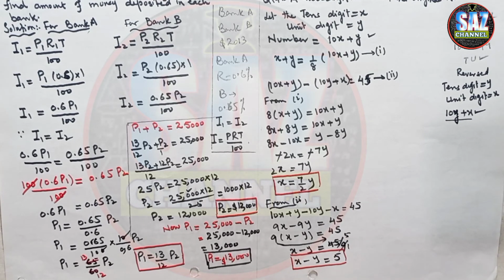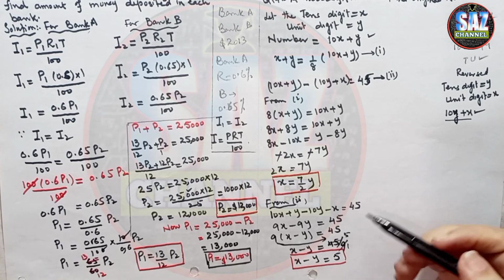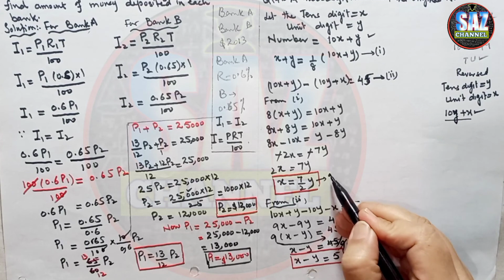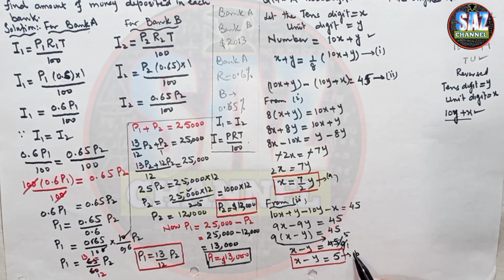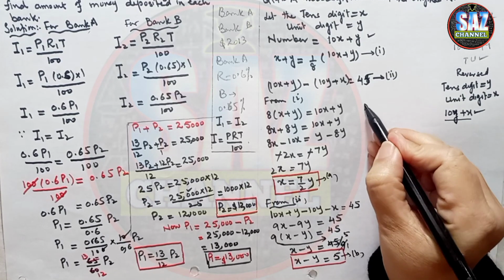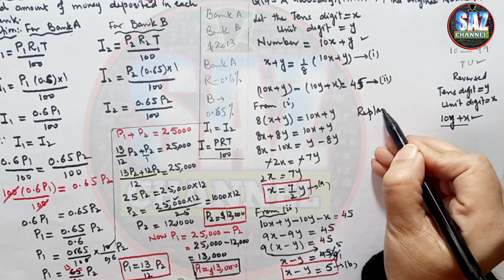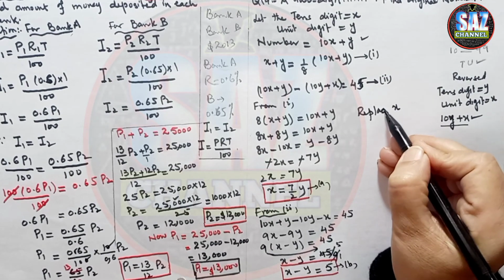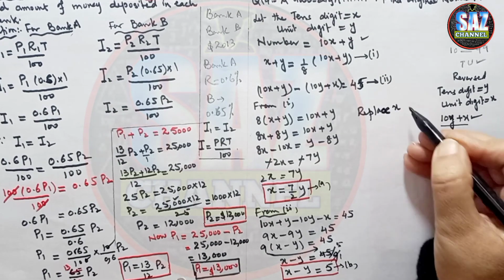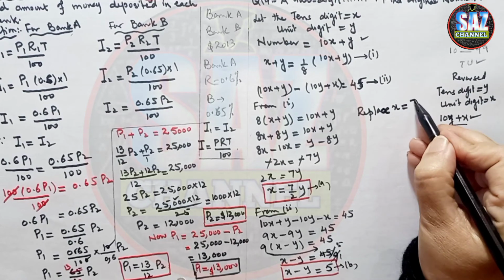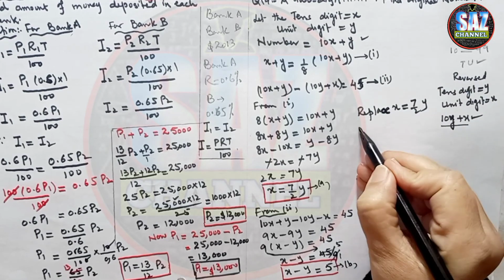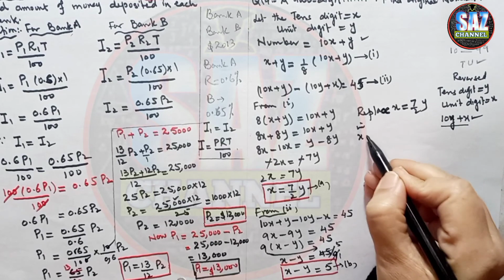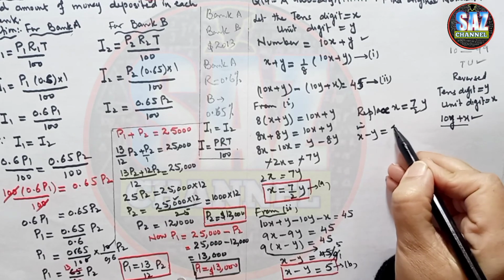Now what I have to do is replace x by 7 by 2 y. Let this be a and this be b. Replace x equals 7 by 2 y in x minus y equals 5.